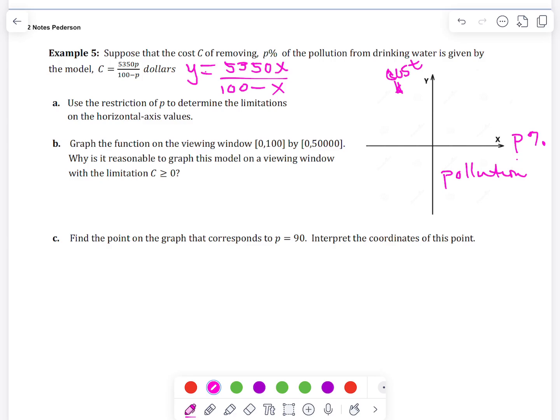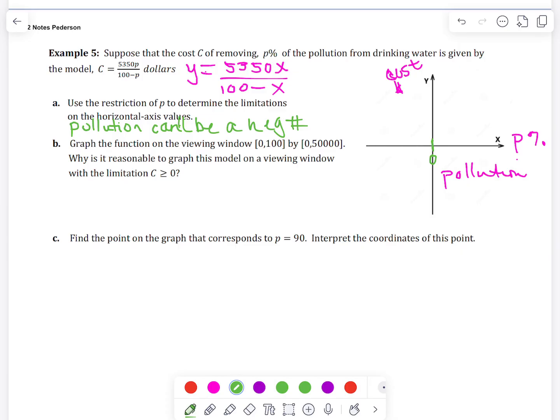So think about, can you have a negative amount of population percentage or pollution percentage? No. So this is going to have to start right here at 0. So the pollution can't be a negative number.